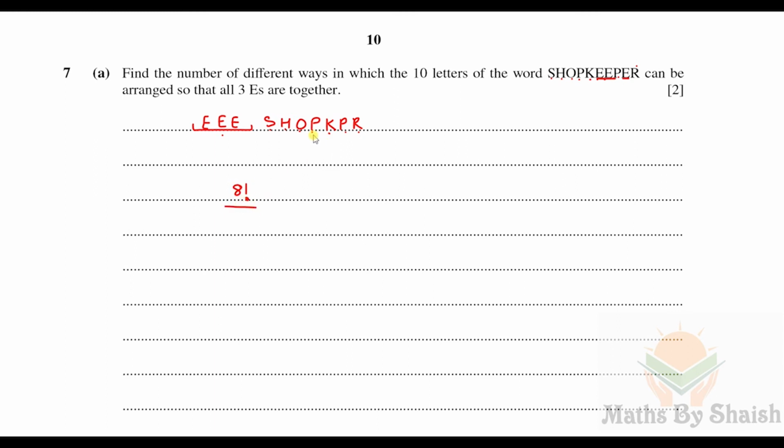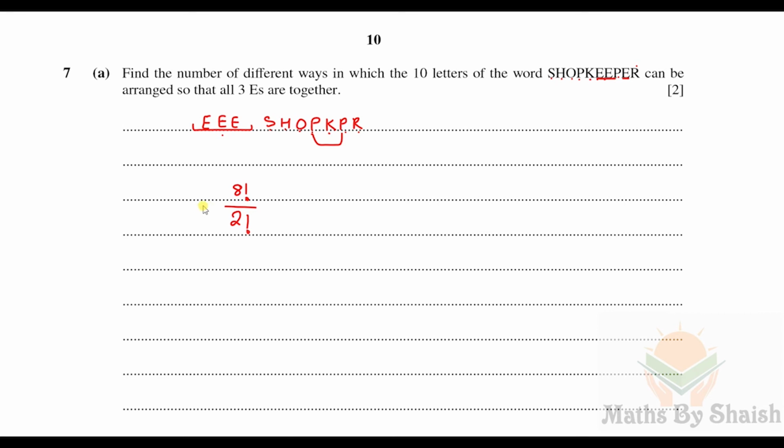And since there are two P's, alike, it would be divided by 2 factorial. And since all E's are alike, indistinguishable, we don't have to arrange them, it is always the same.